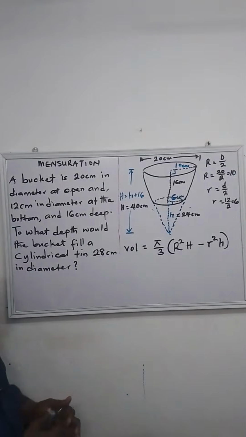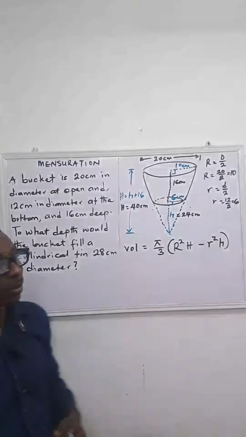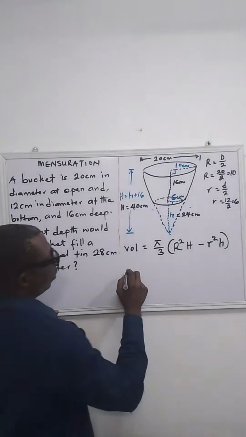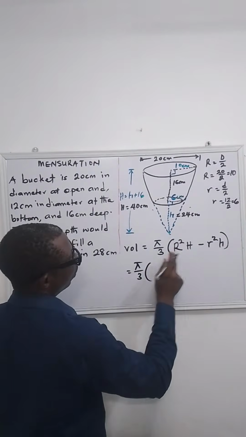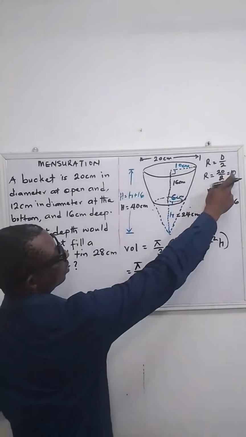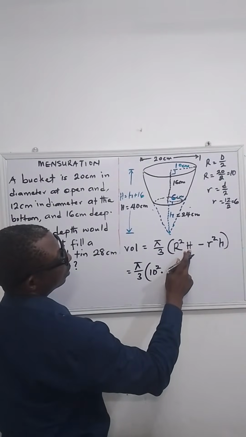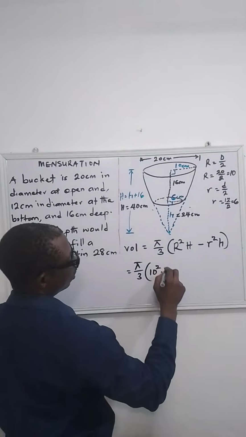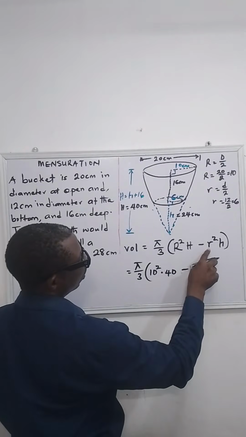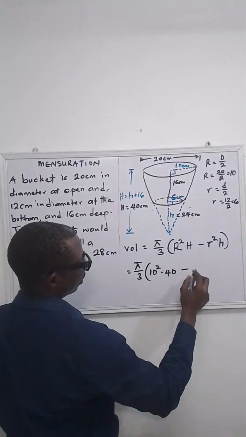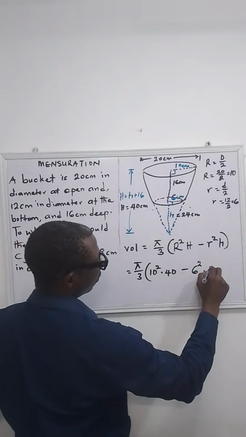Okay, so now can we plug in the values of R, H, small r, and the small h to get the volume? So we have pi over 3. Now we have the radius to be 10. We have 10 square times H, that's 40. So minus r square, the small radius, that's 6. We have 6 square times the height. We have gotten that to be 24.